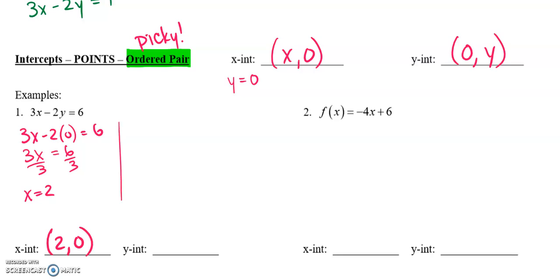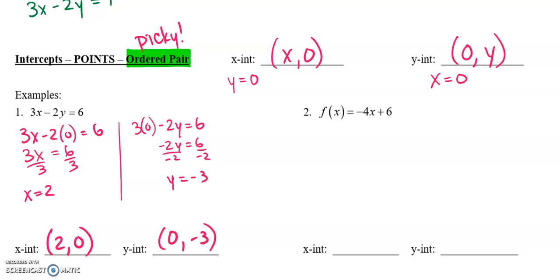To find the y-intercept, I'm going to do the same thing, but now my x is going to be equal to 0. So I will have 3 times x, which is 0, minus 2y equals 6. That's negative 2y equals 6. Divide both sides by negative 2. We get y equals negative 3. So my y-intercept then is 0 comma negative 3.